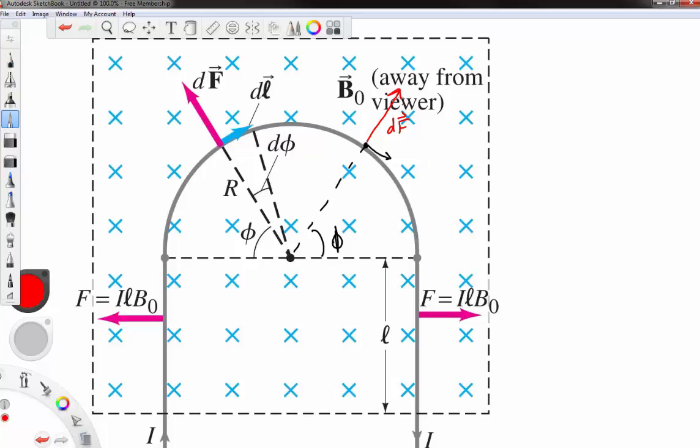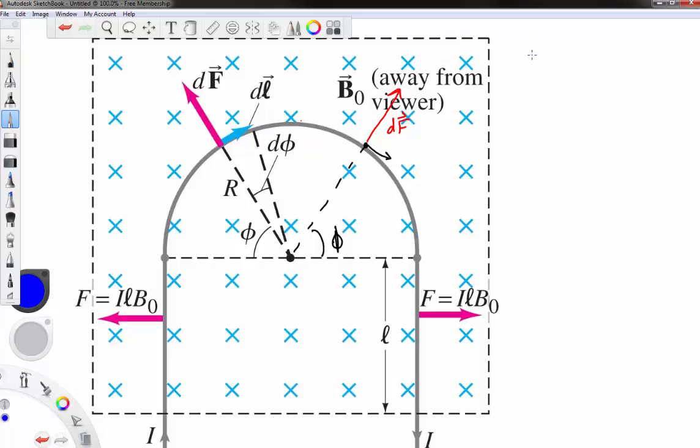And you'll notice that if I add this dF and this dF together, I end up getting a vector that is essentially twice as long in the y direction as either of these, and that has 0 x component. So symmetry suggests that the net force is going to need to go in the y direction here.